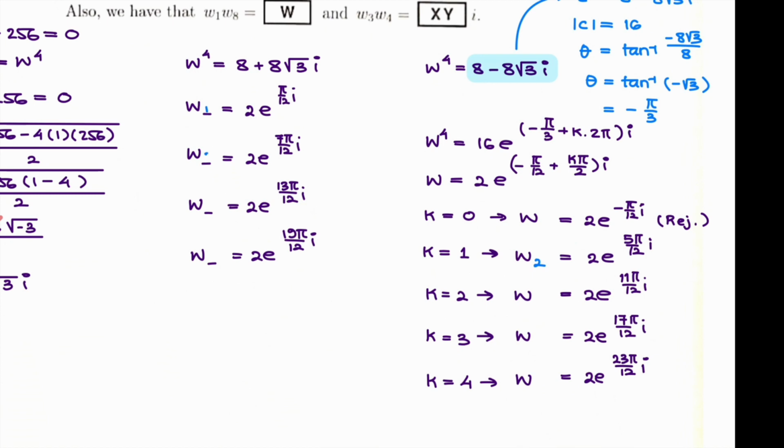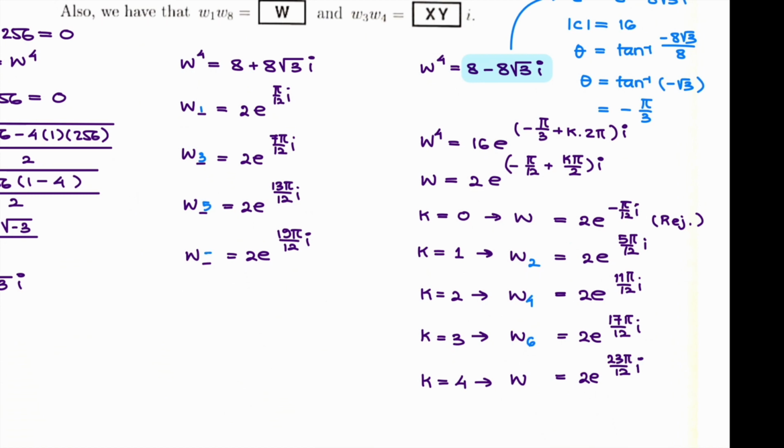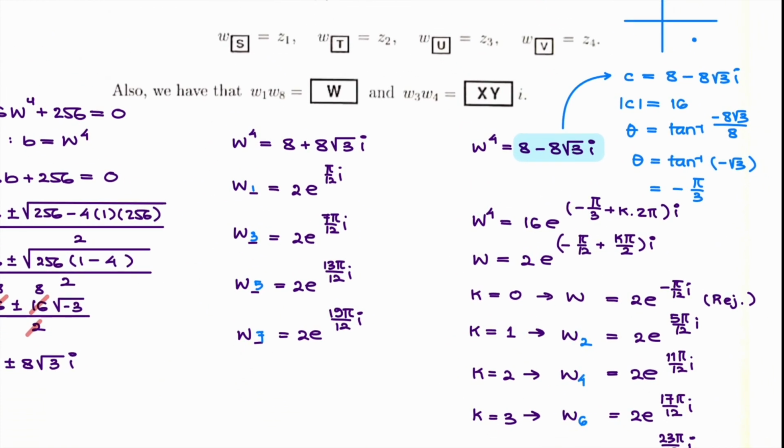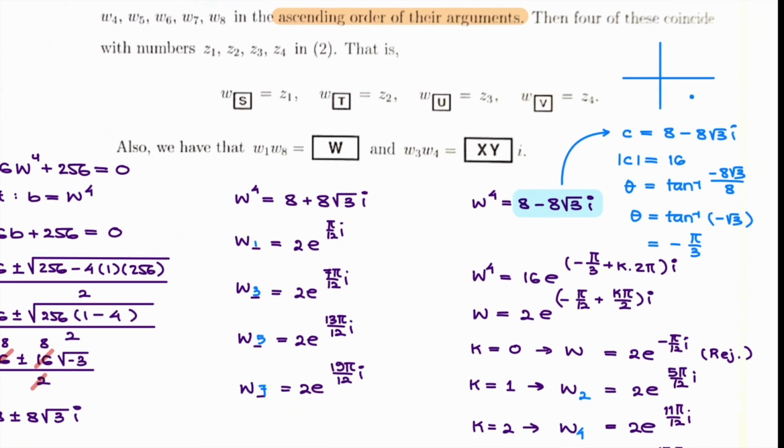This is W3, and then this is W4, W5, W6, W7, and this is W8. That means I already know the solutions of W which coincide with Z: W1, 3, 5, and 7. So the answers for letters S, T, U, and V are already obtained.